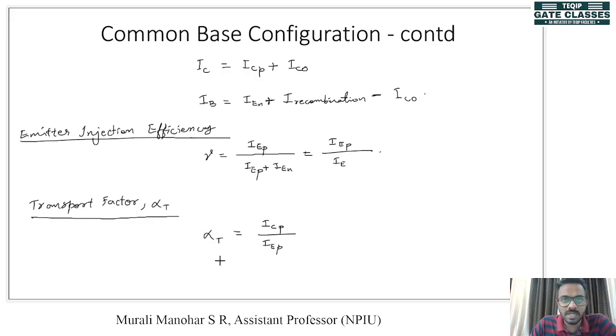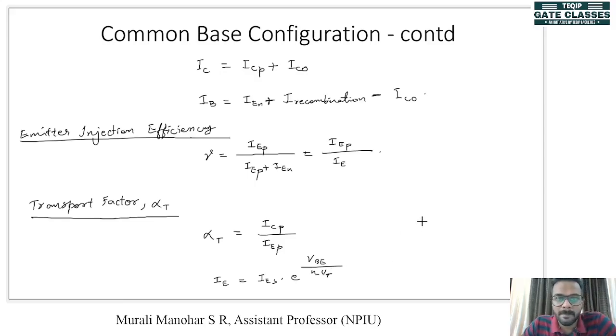Okay. Then we know that the current IE, which is flowing at the forward biased emitter base junction, will have a characteristic similar to that of a diode. So, IE can be written as some saturation current IES into e to the power VBE divided by eta Vt.